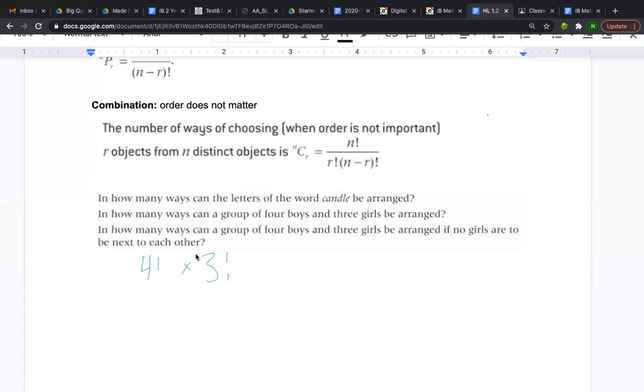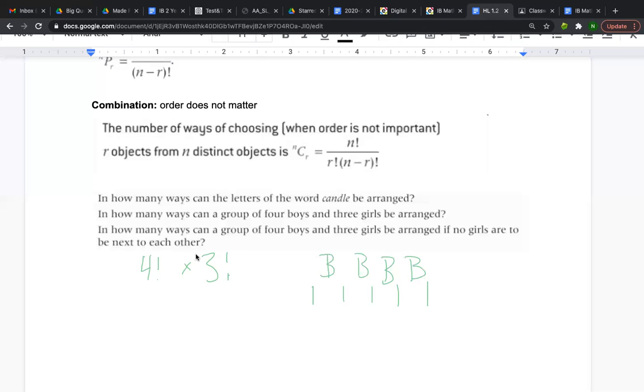And then in order to make it so that no girls are next to each other, there are 4 boys. I think it helps to draw a picture. And then the girls, there are 3 of them. They can fill any of the following slots. So we have 1 slot, 2 slot, 3 slot, 4 slot, 5 different slots that they could fill. So that means we're going to use the combination nCr, meaning the order doesn't really matter.